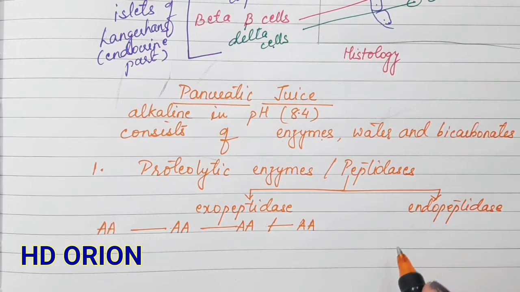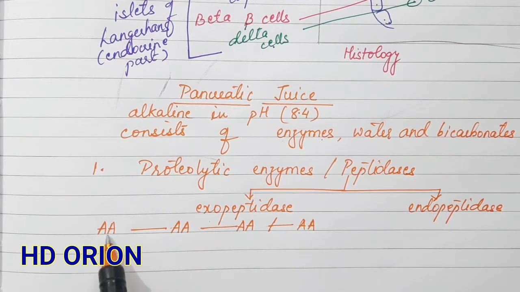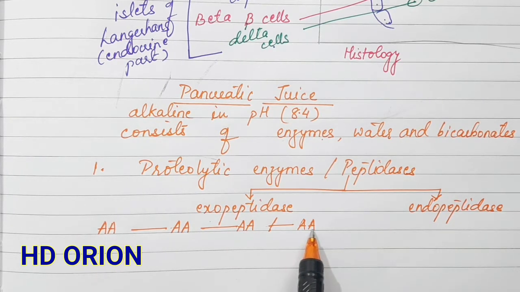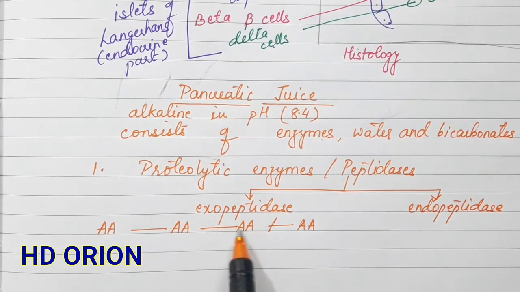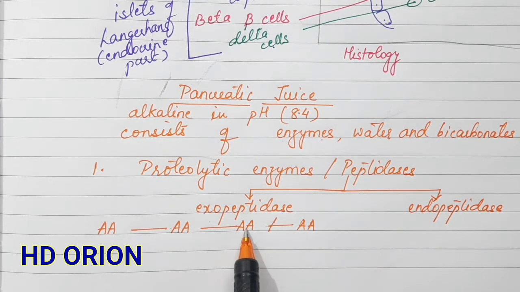While in endopeptidase, it will be working at the center, and therefore the entire polypeptide will be divided into 2 dipeptides. So this will be a dipeptide and this will be a dipeptide. These bonds are the peptide bonds. So the peptide bonds are formed between the amino acids.